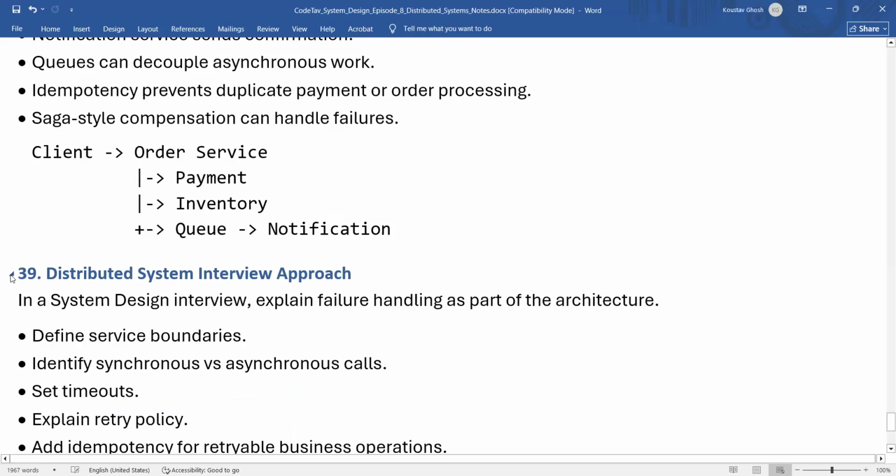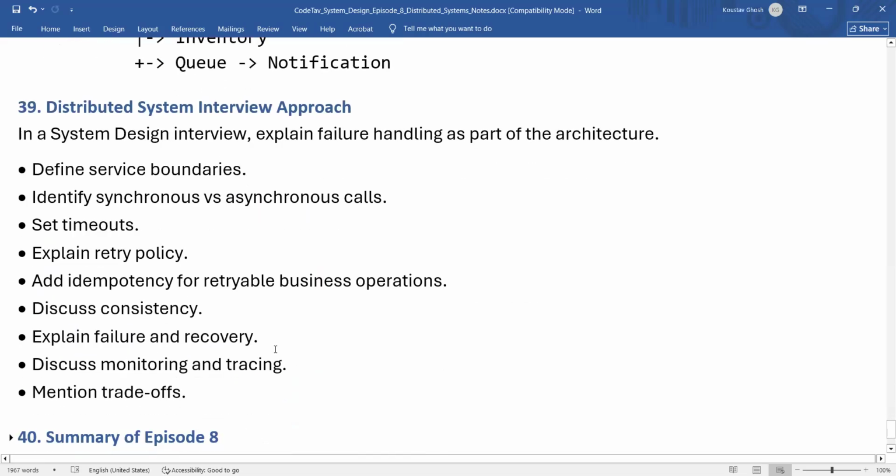Now, what will be your system design interview approach for distributed systems? So if you are preparing for a system design interview, don't just draw boxes. You should also explain what happens when something fails. For every important service to service communication, you always ask what happens if the service is slow? What happens if it is unavailable?